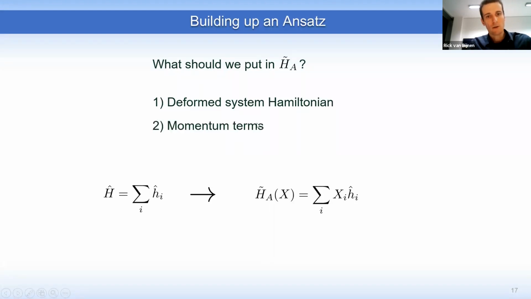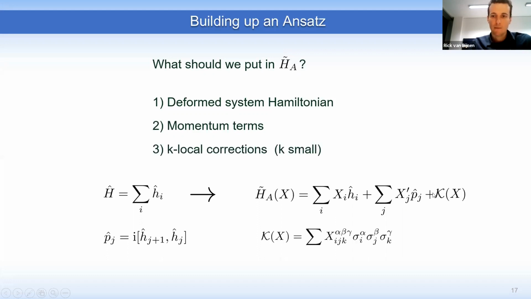The second thing we do is we include momentum terms. You can sort of argue that if these are localized operators, localized on sites, I can make momentum-like terms out of commutators of these terms. And we just add these again to our Ansatz, and again I add a constant in front. That's another fit parameter.